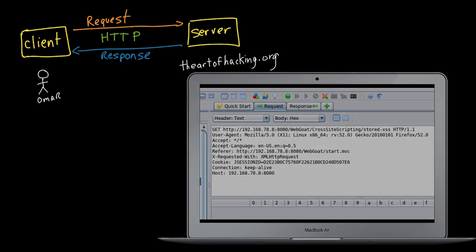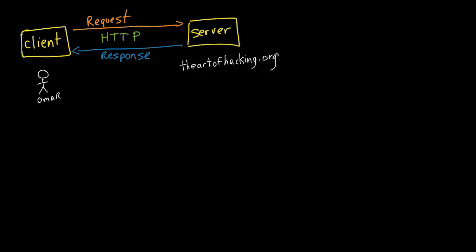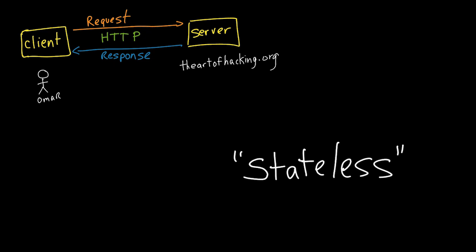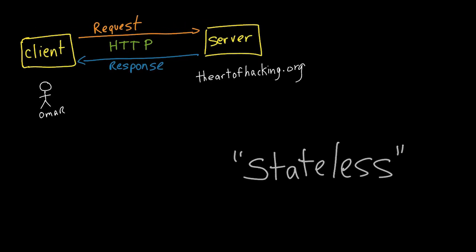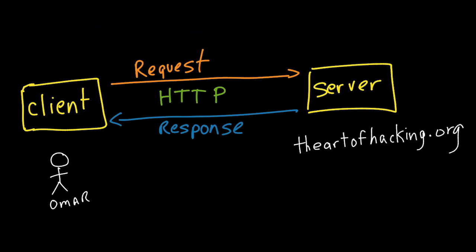Now, HTTP is considered in most cases a stateless protocol, which doesn't rely on a persistent connection for communication to a web server or to a web service. An HTTP transaction consists of a single request from a client to a server, followed by a single response from the server going back to the client.